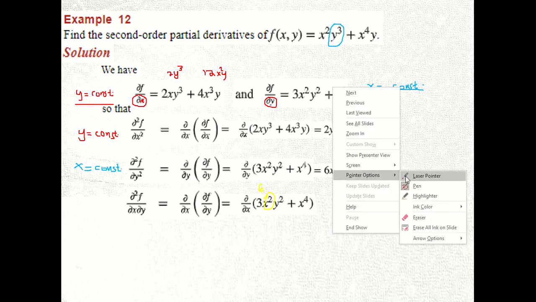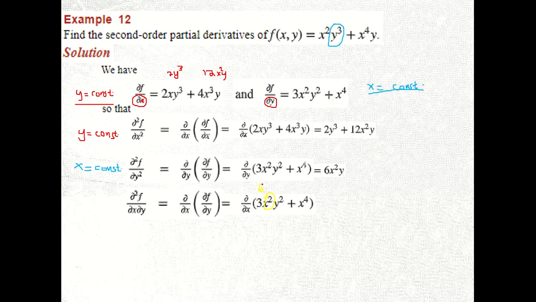I'll change the color. So the result here would be 6x y squared. You just copy y squared because y is constant.